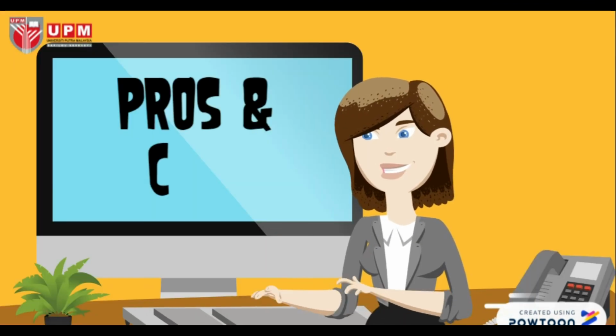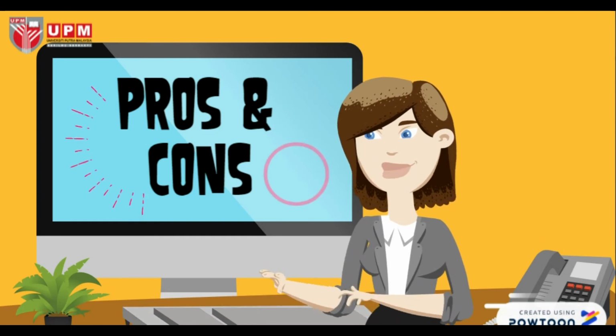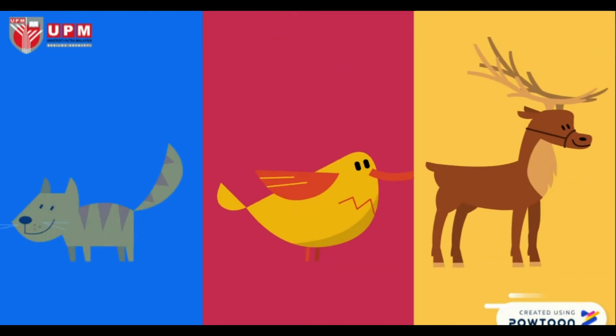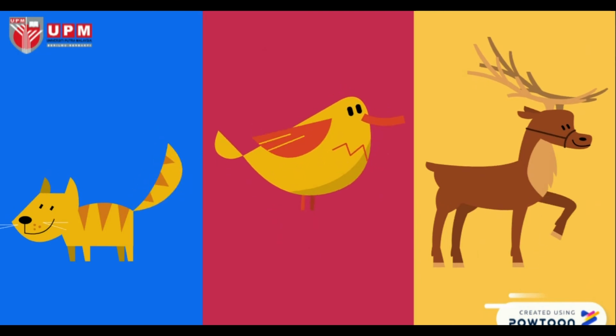People tend to confuse the pros and cons of classical and operant conditioning, so let's go and unsolve this mystery. The classical conditioning type of learning is able to promote individual positive character development. But however, the studies were mostly carried out on animals, which might not be applicable to humans.